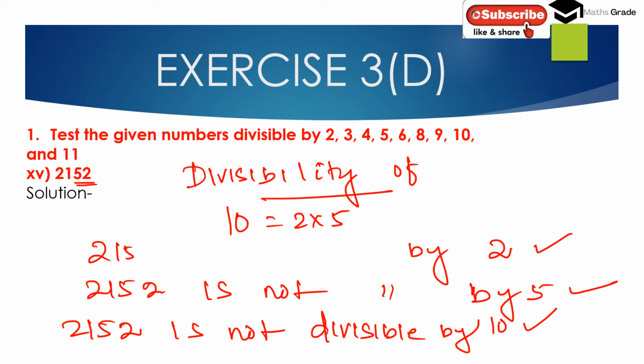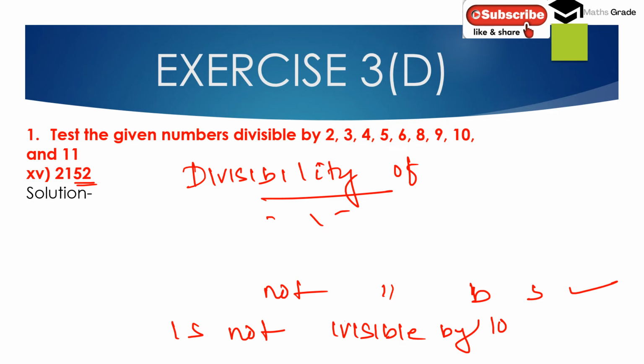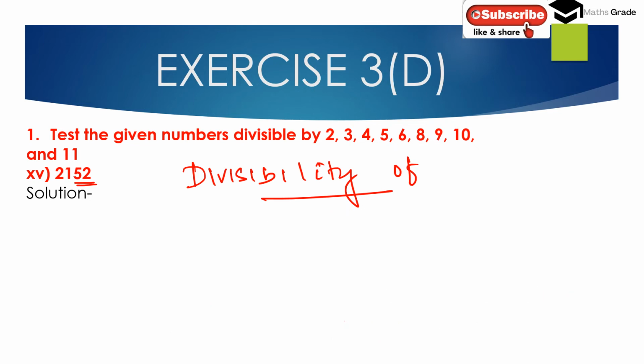Now we'll check whether the number is divisible by 11 or not. Divisibility of 11: if the sum of digits at odd places and the sum of digits at even places differ by 0 or 11, then the number is divisible by 11.